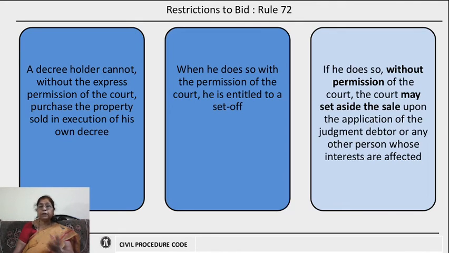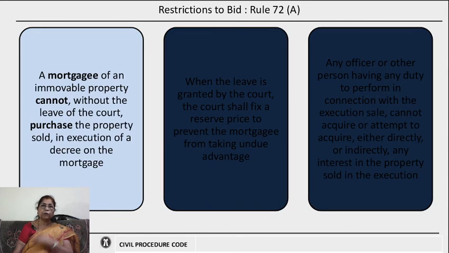If he purchases the property without the court's permission, then the court has a power to set aside the sale if the judgment debtor applies, or any other person whose interests are affected by this sale applies to the court.